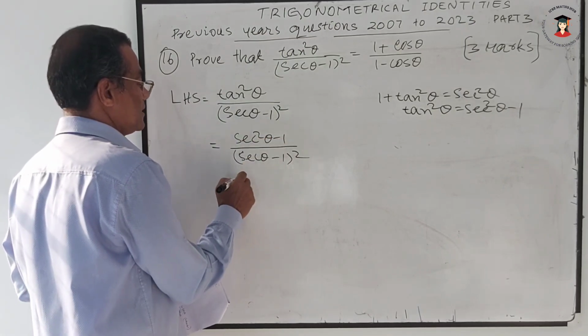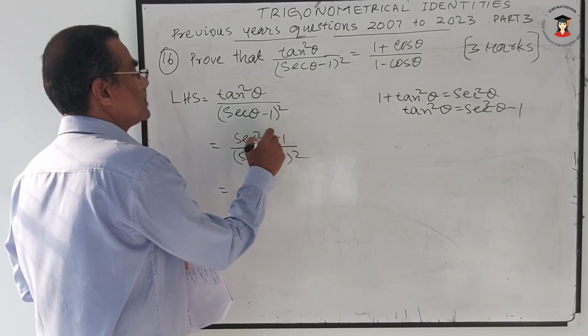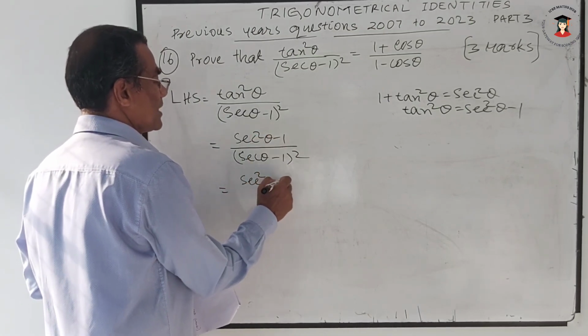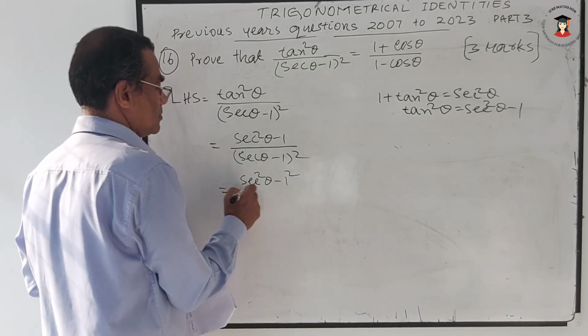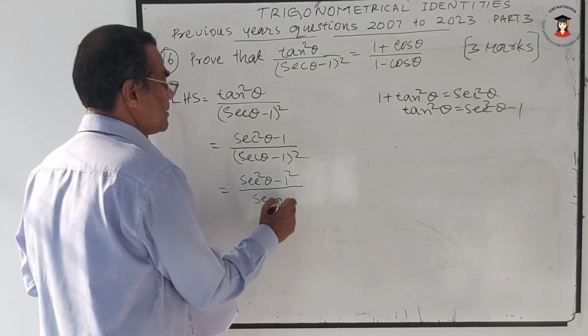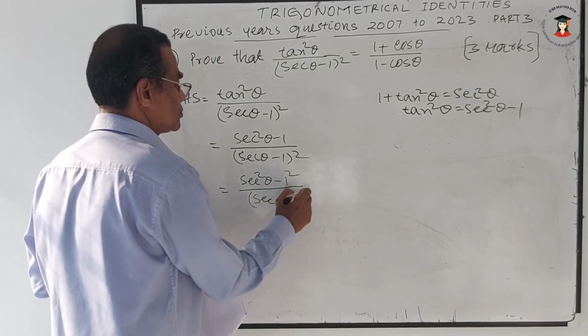I am writing it again as sec square theta minus 1 whole divided by sec theta minus 1 whole square.